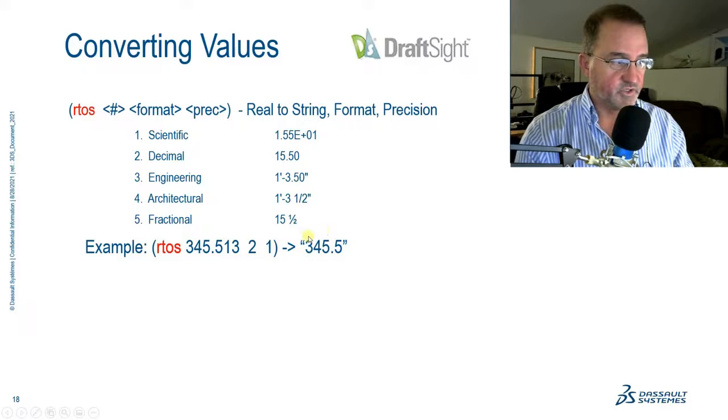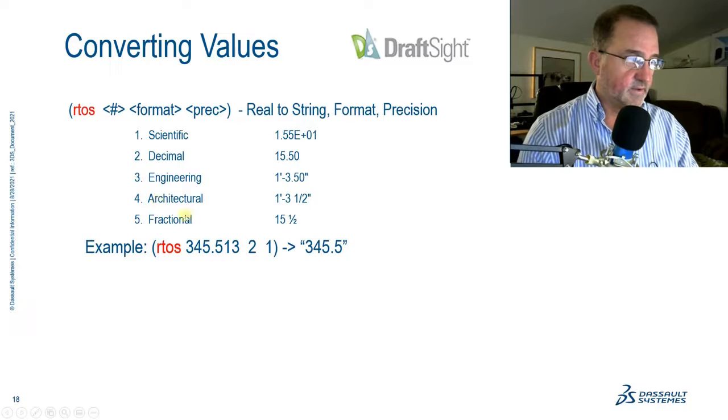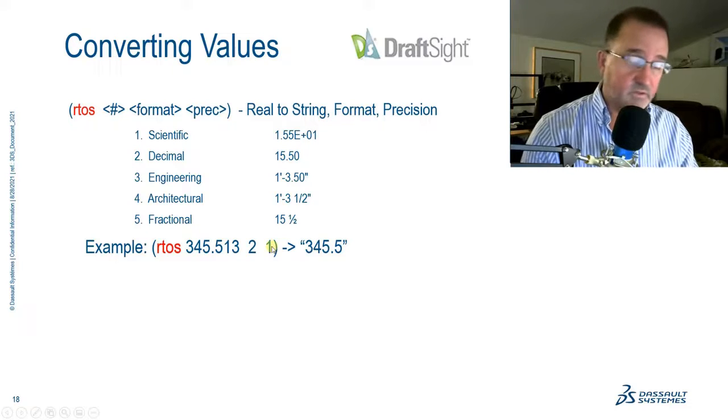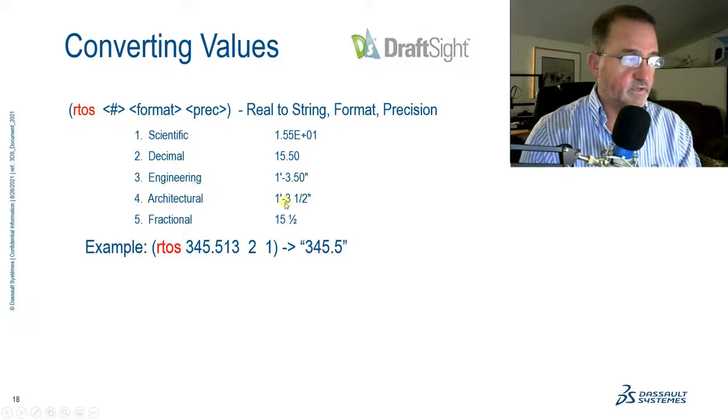And the result will be a string that looks like this. So if I want architectural, I would say 345.513 with a 4, and I could specify if it's one place, it's closest half inch, two places, close quarter inch, so on. And so you sort of get the idea in terms of precision. It's how many decimal places are we going with that example.